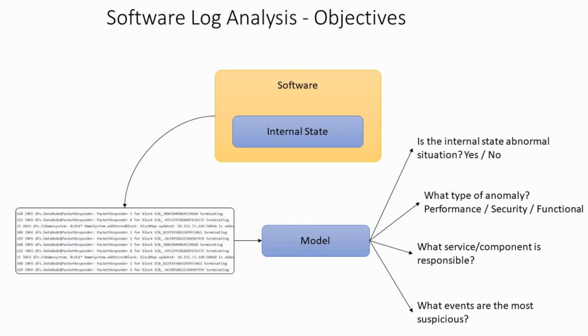In distributed or microservice-based systems, log analysis seeks to identify the root cause by pinpointing the specific service or component responsible. Additionally, the analysis may focus on highlighting the most suspicious events within the logs, offering software engineers clues about where to investigate the root cause of the failure.